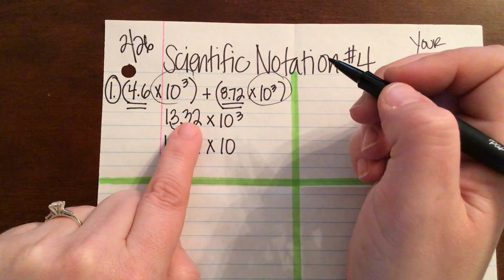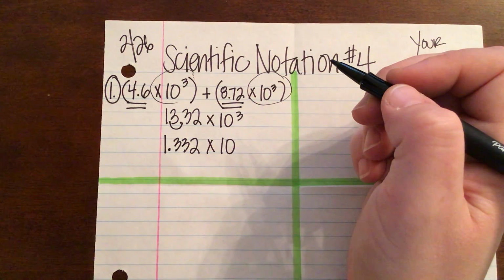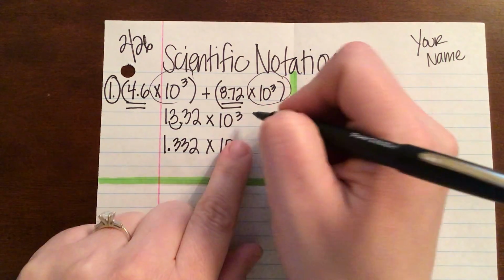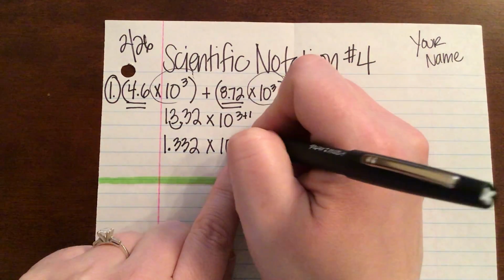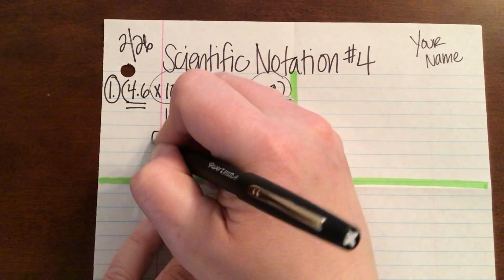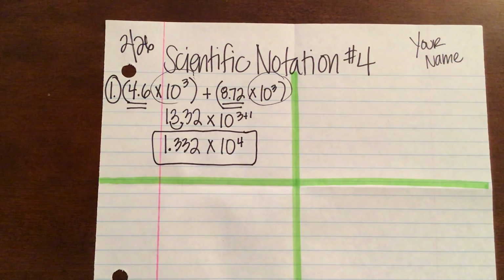I did one more move, so I should add 1 to make it 4. And I just added those two really big numbers that are written in scientific notation. That's my answer.